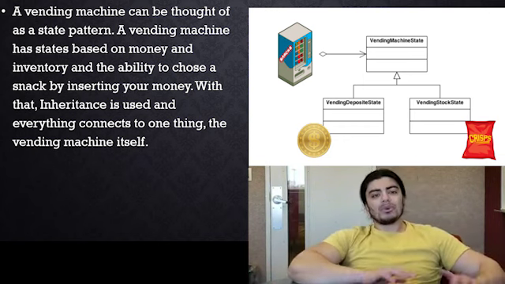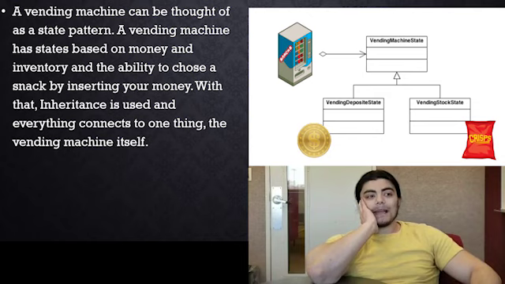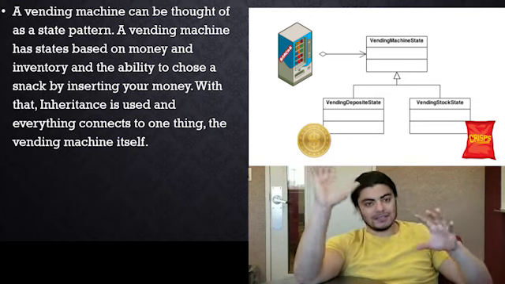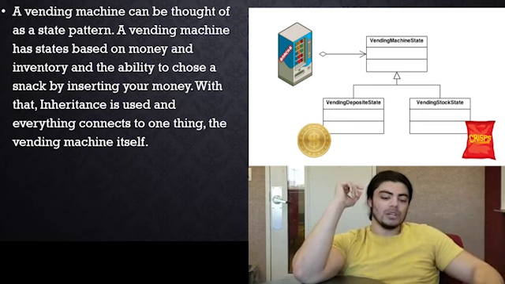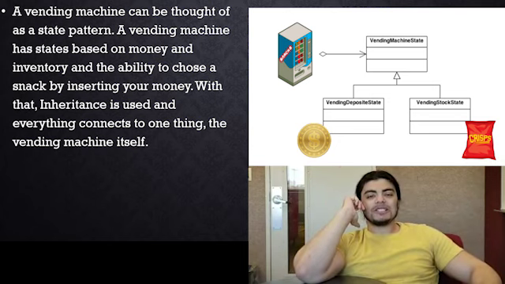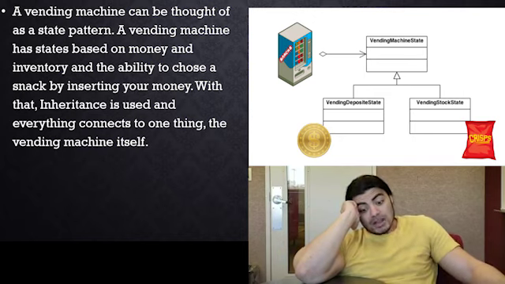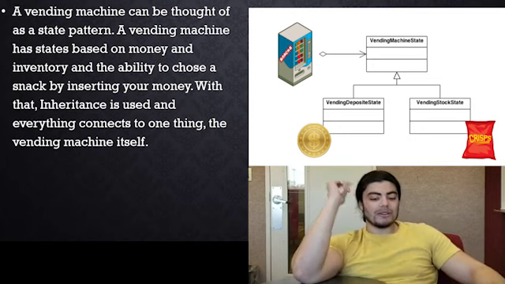So you know what, we're gonna simplify this, and I decided to talk about how a vending machine concept works, because that's probably the easiest way to explain the state pattern. If you look at, for instance, a vending machine, right? It can be thought about as a state pattern.